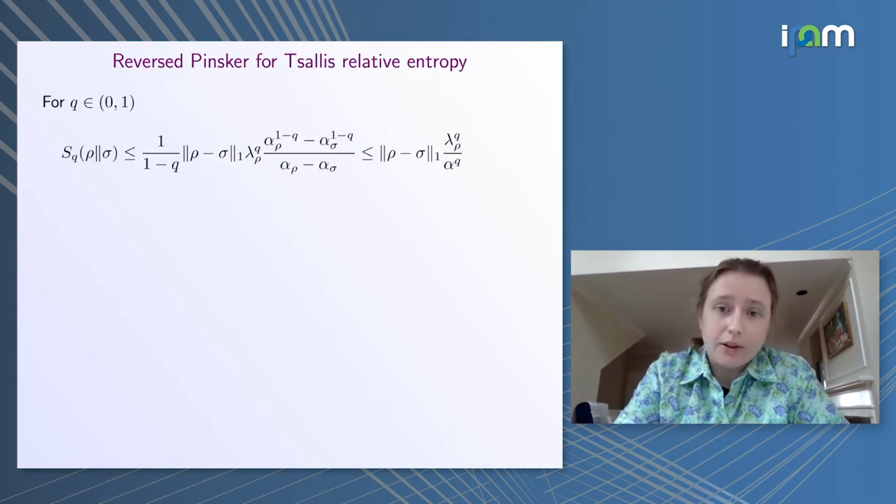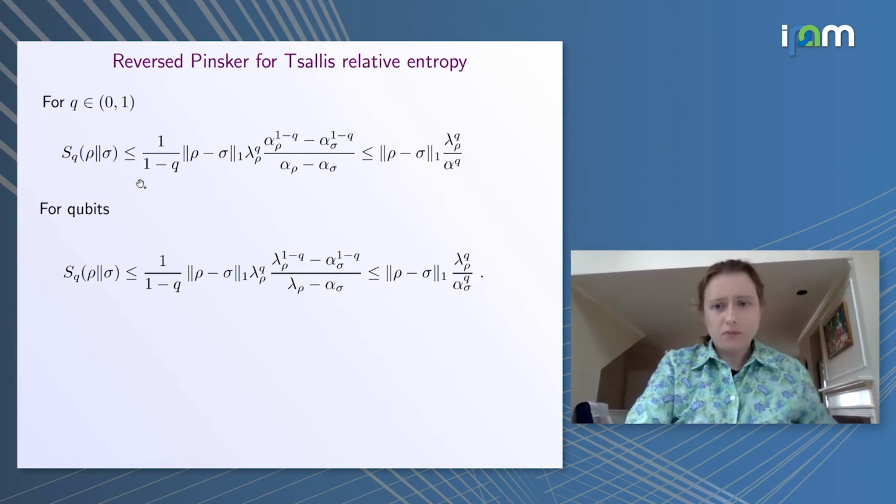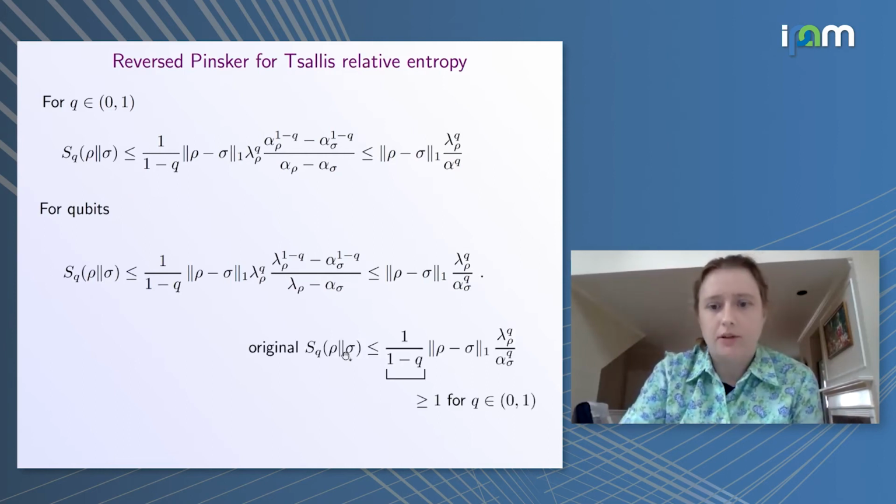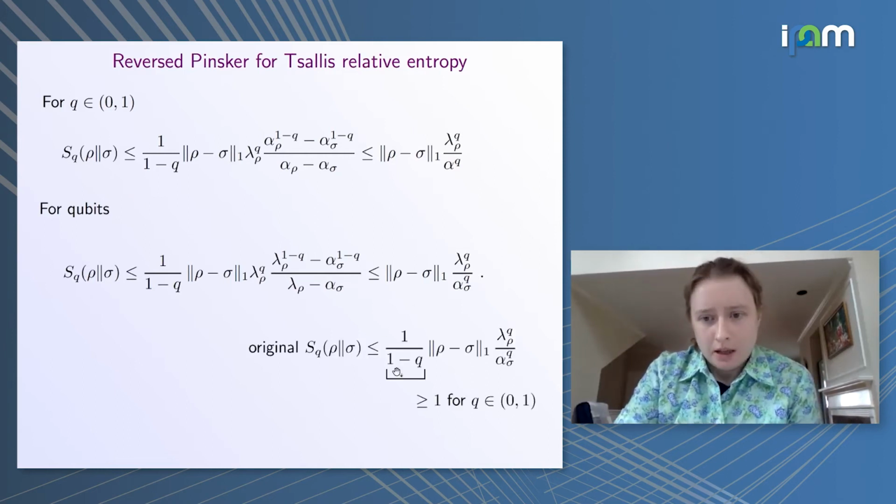And if you apply the theorem that I showed you for quasi-relative entropies, then you can also get rid of this prefactor 1 minus q. Previously we had the same upper bounds, but with the prefactor depending on q, which is larger than 1. So we can get rid of that prefactor as well.